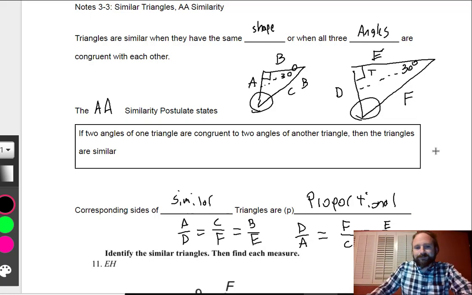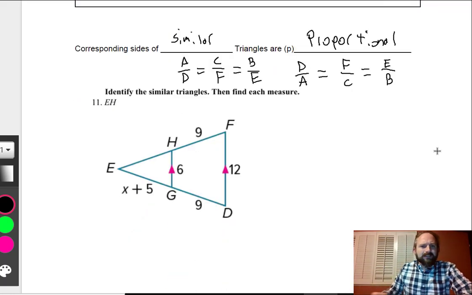All right, let's continue. So it says identify the similar triangles. Well, we understand this is a transversal that has cut through two parallel lines. So we understand that these are corresponding angles of two parallel lines. Now, I don't need to prove all three angles.